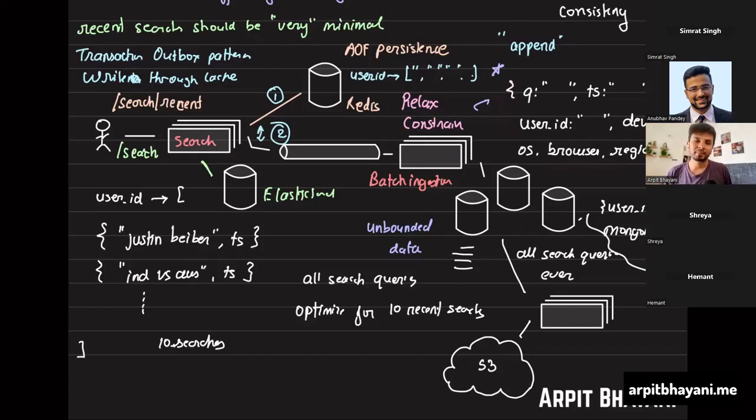If you think about storing this, you may think of everything as one column: one column for query, one for timestamp, one for user ID, one for device, one for OS. The problem is, if tomorrow I'm accepting one new attribute, you would want to add one more column, and as soon as you add one column, you have to run a gigantic table migration.